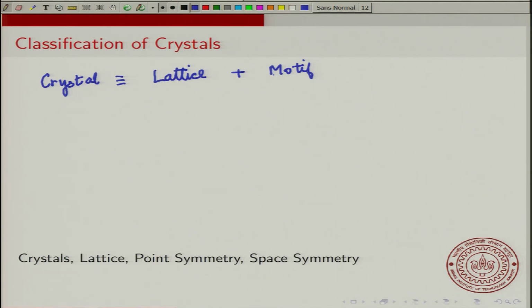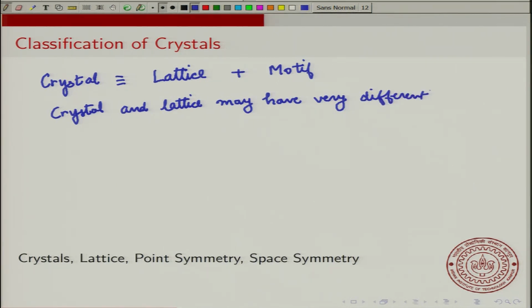Now, if you just look at the lattice, then the lattice might have very different symmetry properties than the crystal itself. So what is important is that crystal and lattice may have very different symmetries.